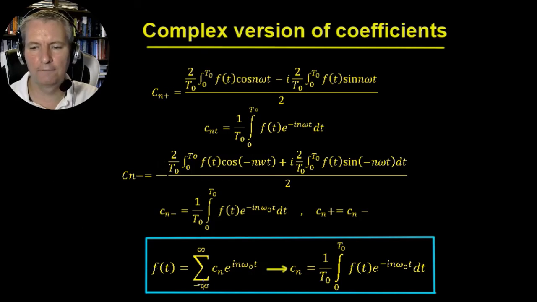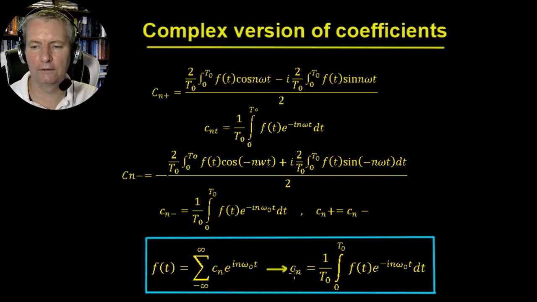So remember what we have here. We're approximating a function f of t using a series of other functions. These other functions are the complex exponentials. The complex exponentials, e to the i n omega naught t, form an orthonormal basis, and this here is a constant.